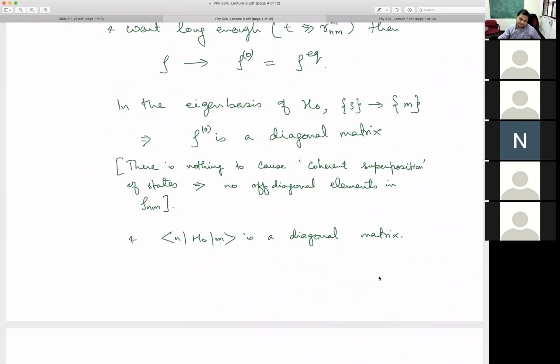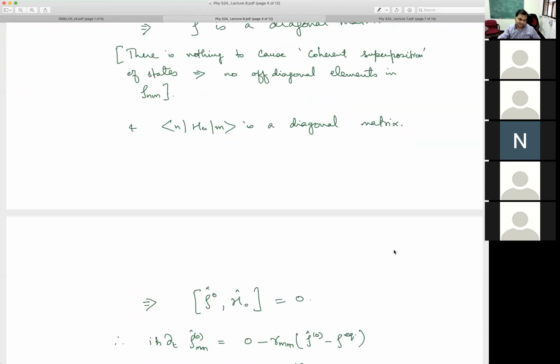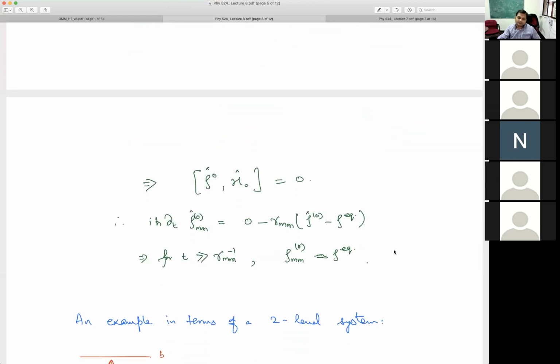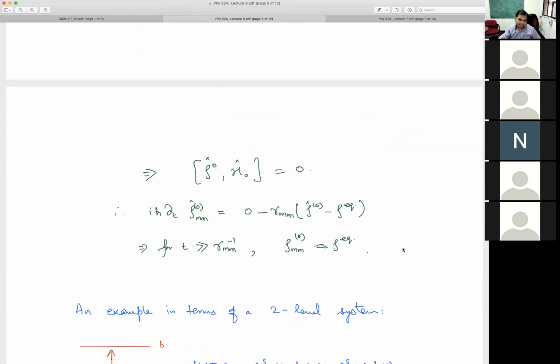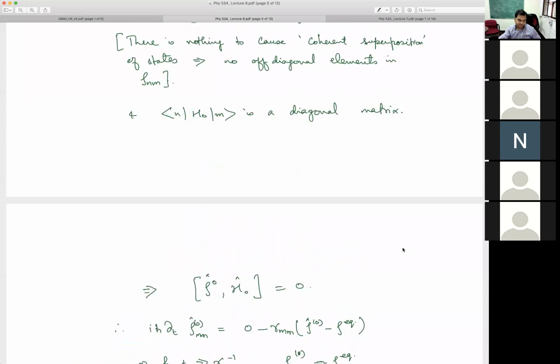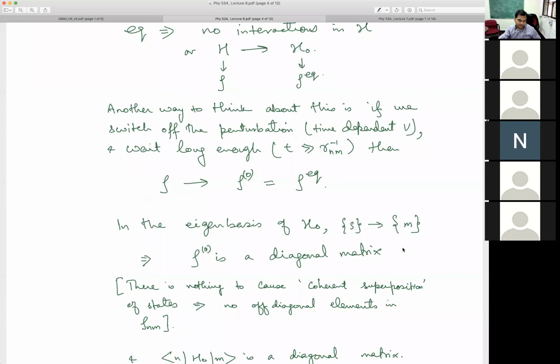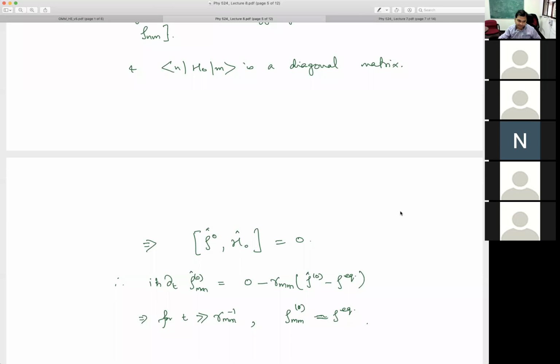So, for example, the matrix element n, H naught, m will become a diagonal matrix. You can show this immediately and explicitly.